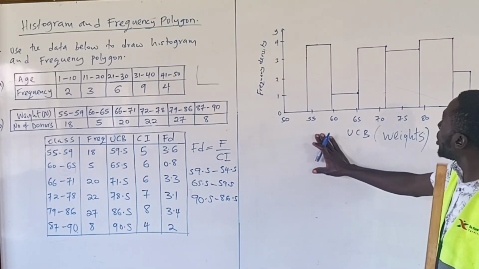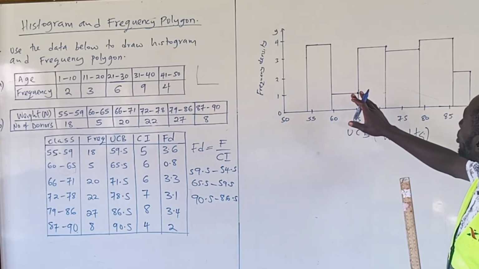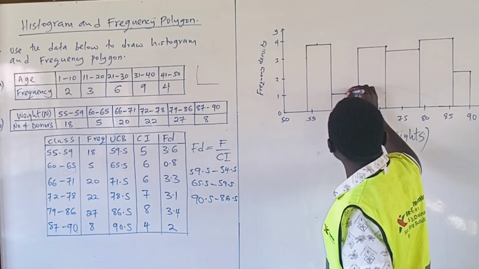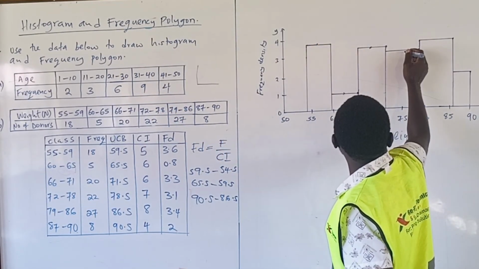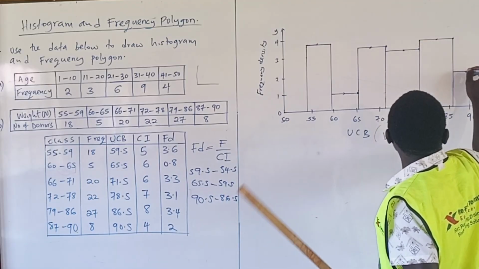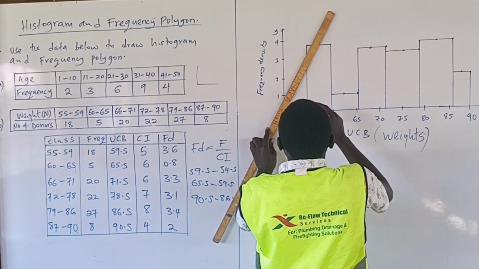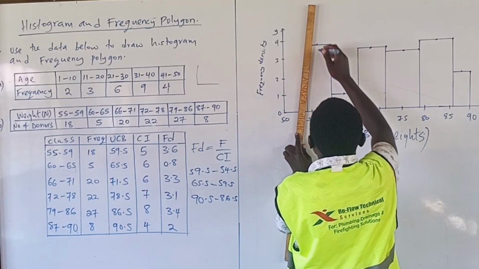So suppose we want to get a frequency polygon, then you just get the midpoints. Then you just join where it is beginning.